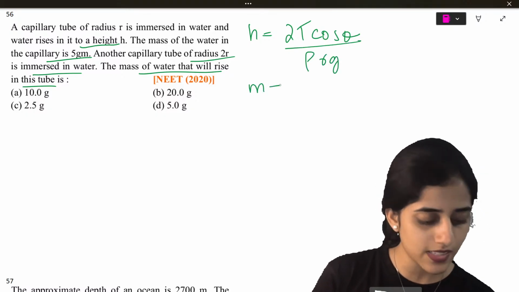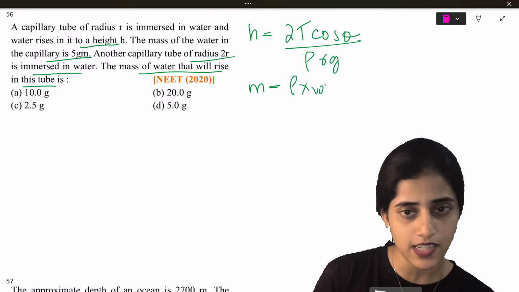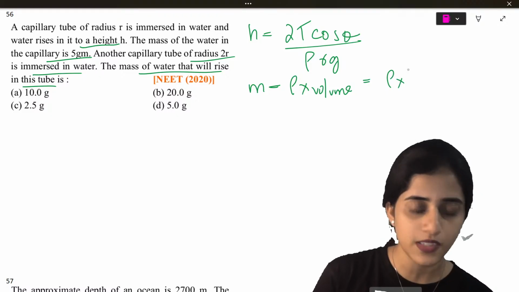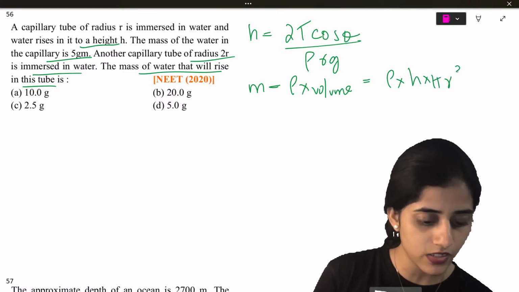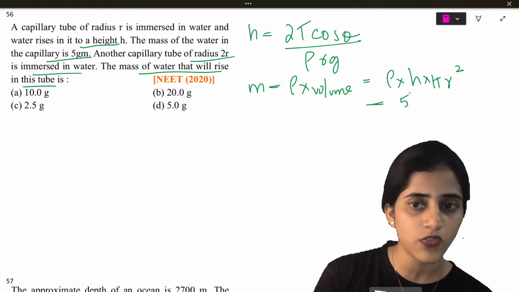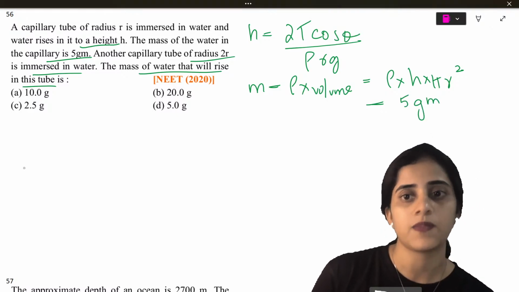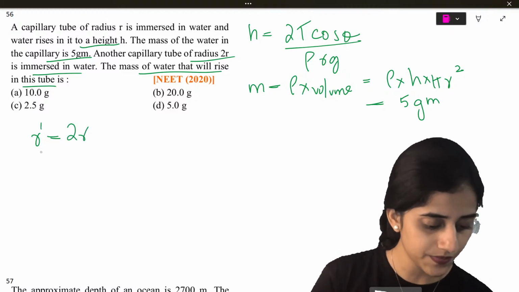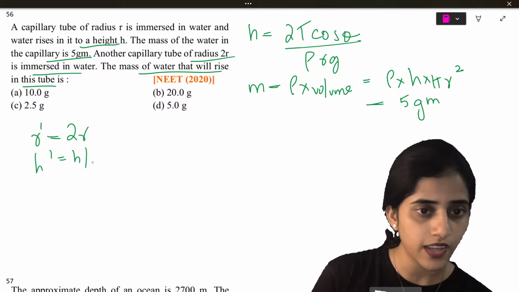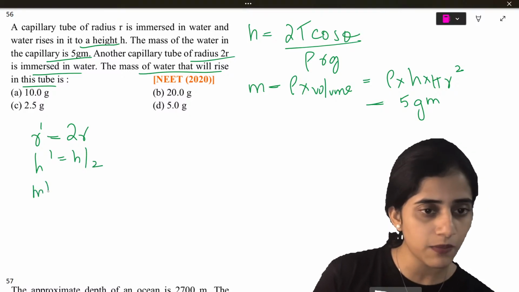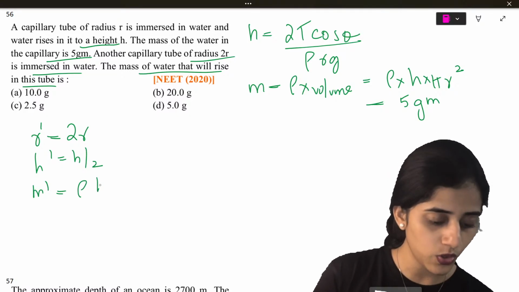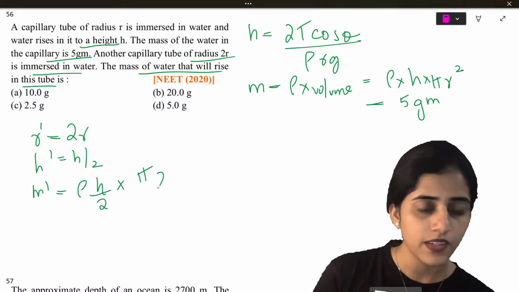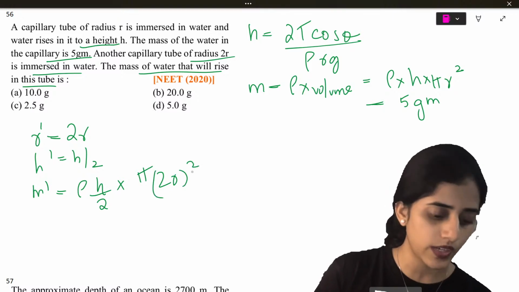Now what is mass? Mass is density times volume, which is rho times height times pi r square, and this is given to you as 5 grams. The radius is going to become 2r, and h dash is going to be h by 2. So what is m dash going to be? Rho h by 2 times pi into 2r square.